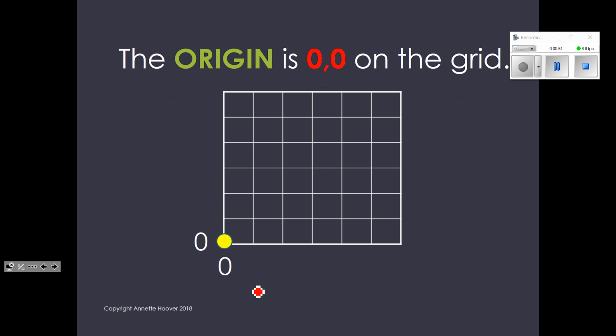The origin, so you're going to fill in the word origin, is 0, 0. So fill in these two to your notes. So this is going to be a one-quadrant grid, and in a one-quadrant grid, 0, 0 is going to be here in the lower left-hand corner, where 0, 0 would be.